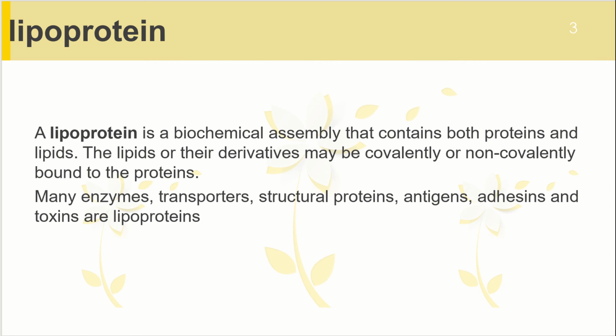The lipids or their derivatives may be covalently or non-covalently bound to the proteins, right? And we know the implications of this. Many enzymes, transporters, structural proteins, antigens, adhesins, and toxins are actually lipoproteins.